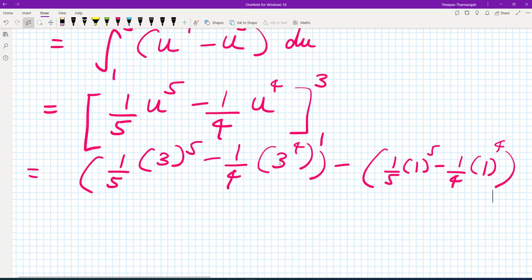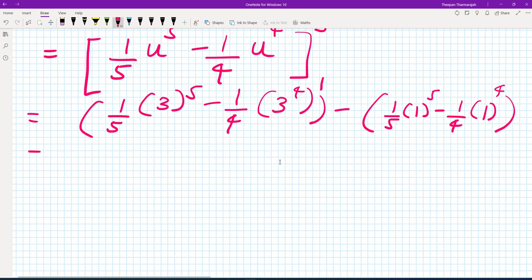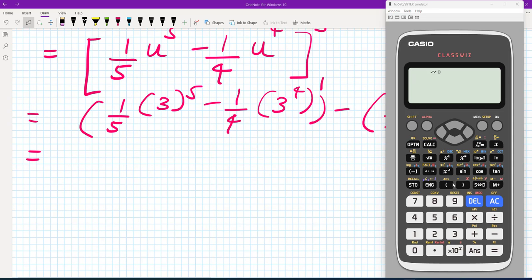and then we can just type this straight into our calculator to get the result required. So if we type that straight into our calculator, we've got a fifth times 3 to the power of 5, minus a quarter times 3 to the power of 4, minus, in brackets, a fifth minus a quarter.